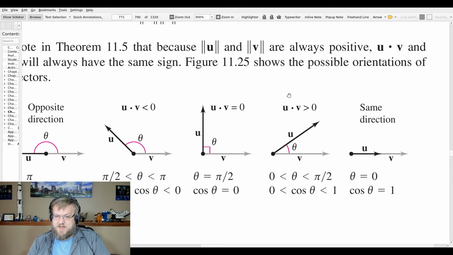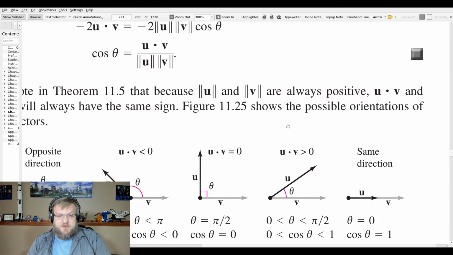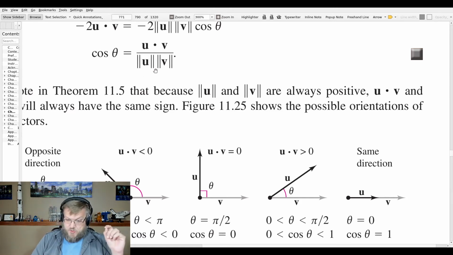Okay, let's look over here. So the dot product being positive. Well, using this formula, right? If the dot product is positive, that's a positive number divided by the magnitudes of u and v, which are always positive numbers. So what I can conclude here is if the dot product is positive, that means the cosine of theta is positive.